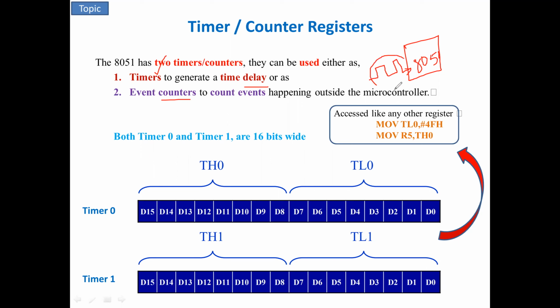I can easily find out the frequency by counting the clock pulses. This is what we call an event counter, to count events happening outside the controller, that is, external. So we take this frequency into the 8051 and find it out.